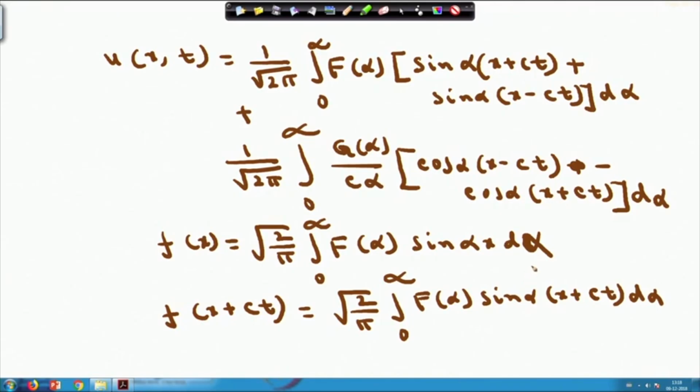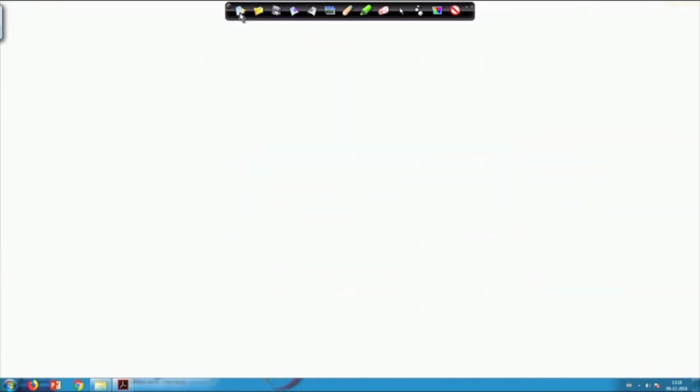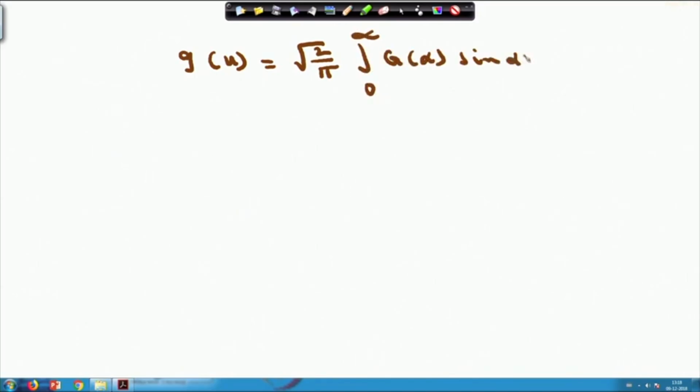Now, let us see g(u), what happens to g(u). Your g(u) is root over 2 by pi, integral 0 to infinity, G(alpha) into sin(alpha u) d alpha. Again from inversion, the inverse Fourier sine transform, I can write this down.